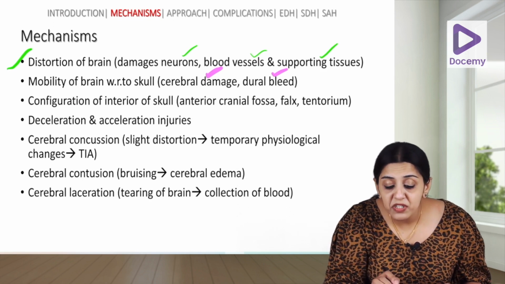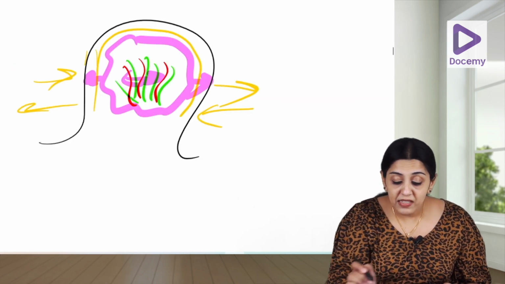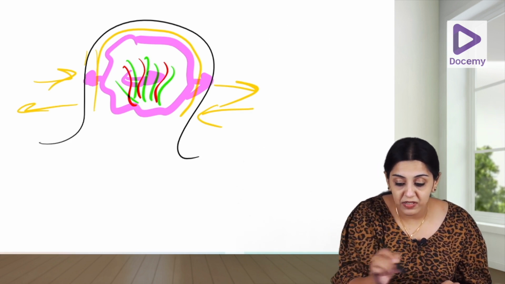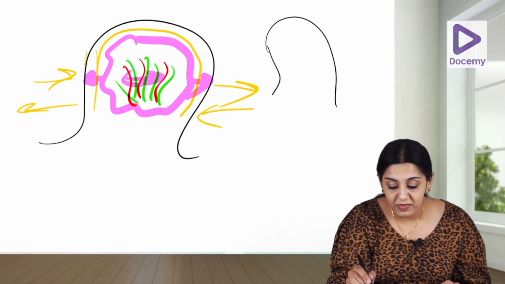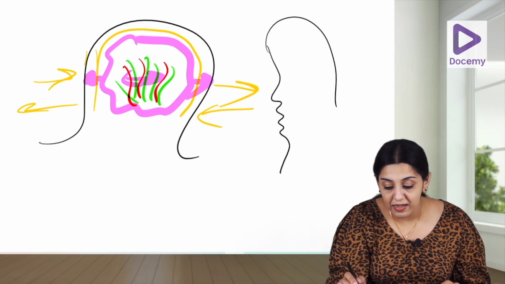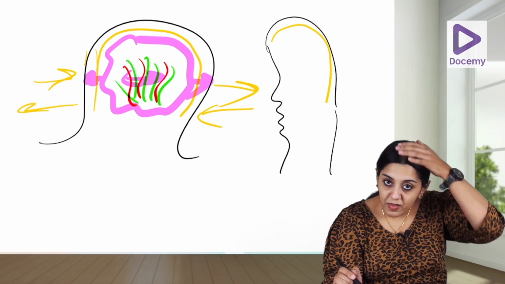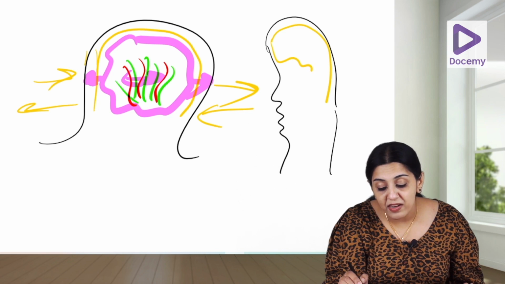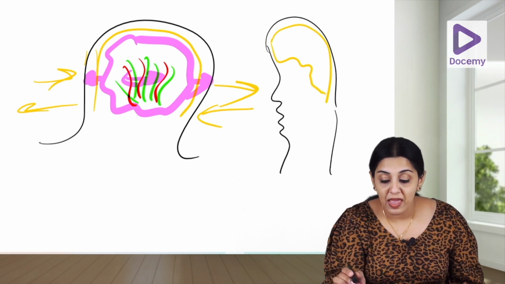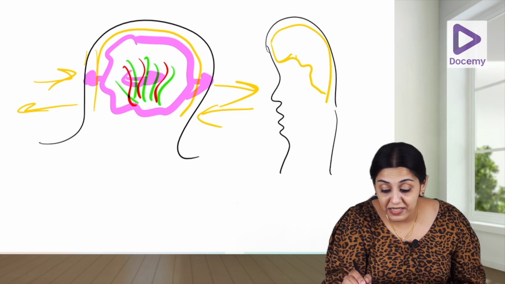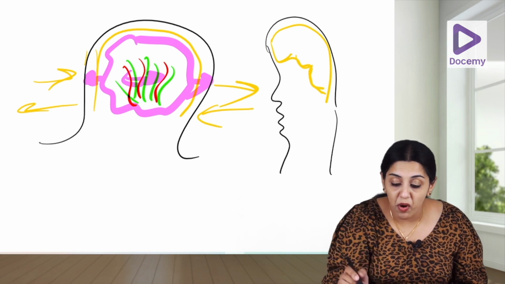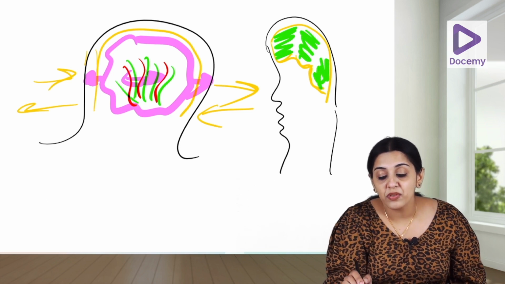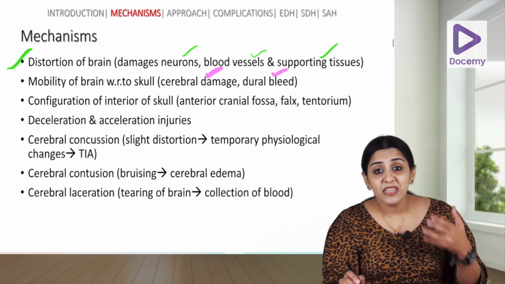Next is the configuration of the interior of the skull. Have you seen the interior of the skull? If you look at the lateral view, you'll find that this is the nose, this is the mouth, this is the neck. Here you have a smooth outer surface of the skull, but internally there are so many ridges. Based upon the deeper ridges, it can be broadly divided into three cranial fossae: the anterior, the middle, and the posterior cranial fossae.